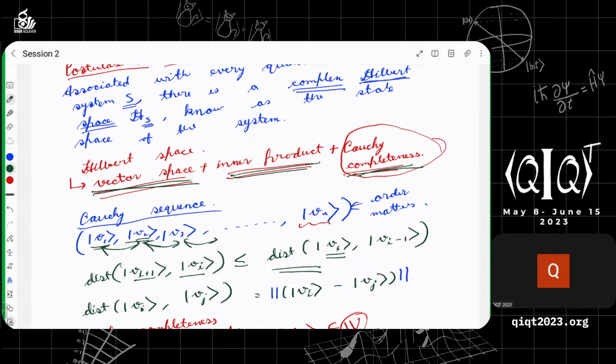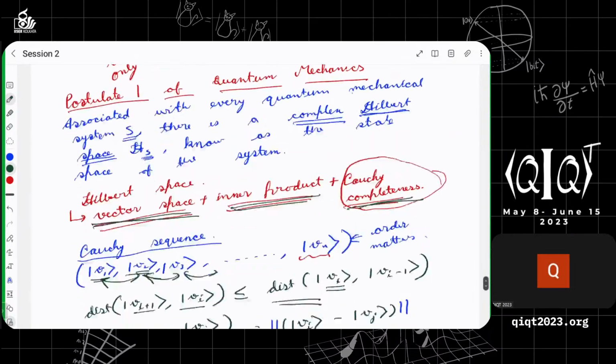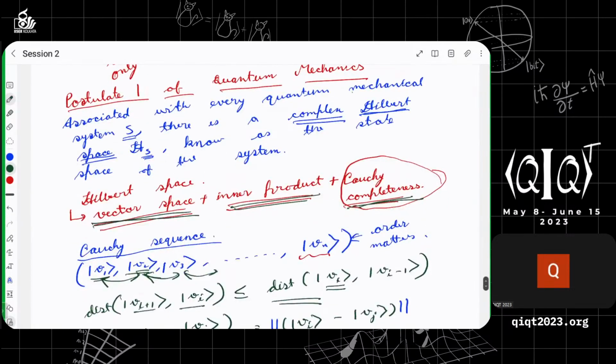I'm sure there is some justification, but I really don't know what that justification is. What I can tell you is that if we assume that for every system there is a Hilbert space, then if we lay down the other postulates, all the experimental results are derived from that basic set of rules, and this is one of those rules that we are laying down.